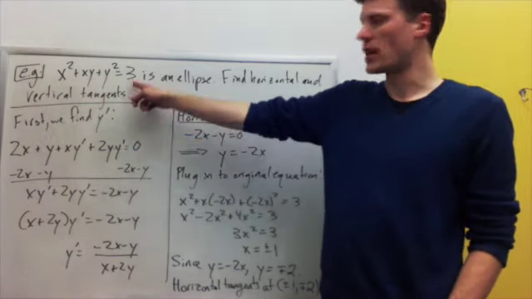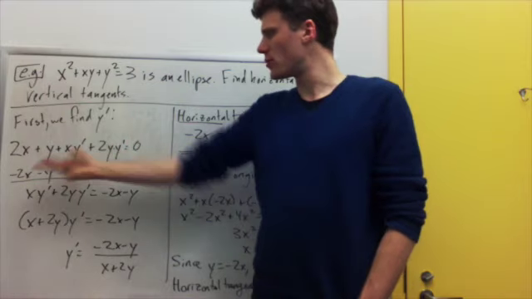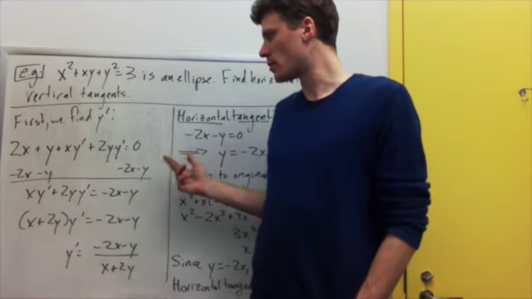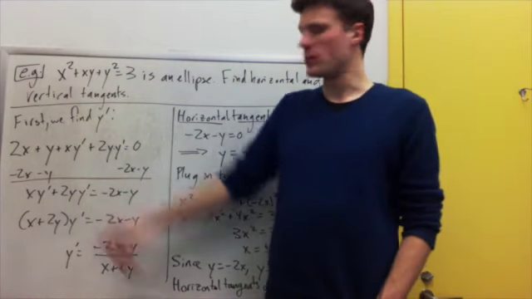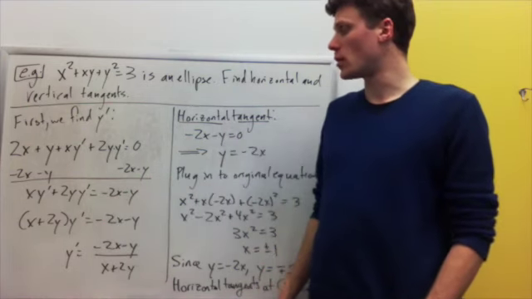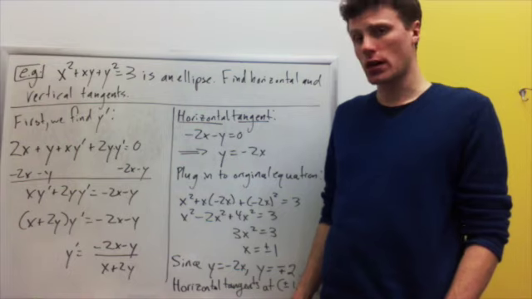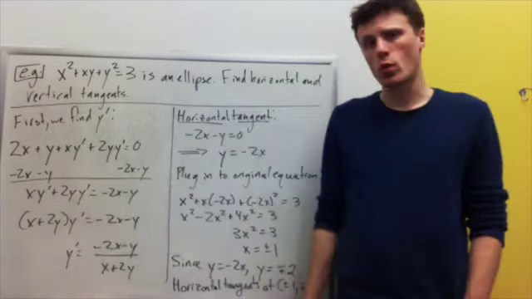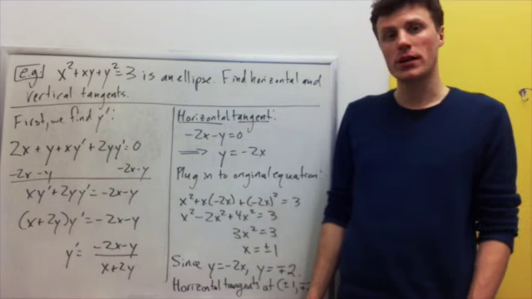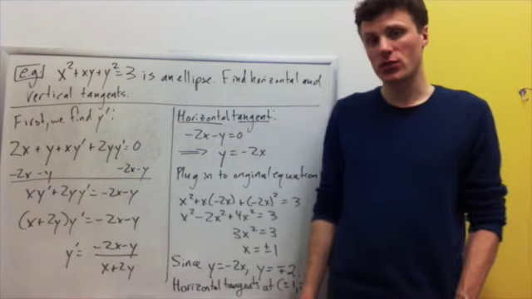Everything with a y prime is already on the left, so I'm just trying to get everything without a y prime onto the right. So I subtract 2x and y to the right side, giving me x y prime plus 2y y prime equal to negative 2x minus y. Now I factor out the y prime, and I divide by this term to get y prime equal to (negative 2x minus y) divided by (x plus 2y).